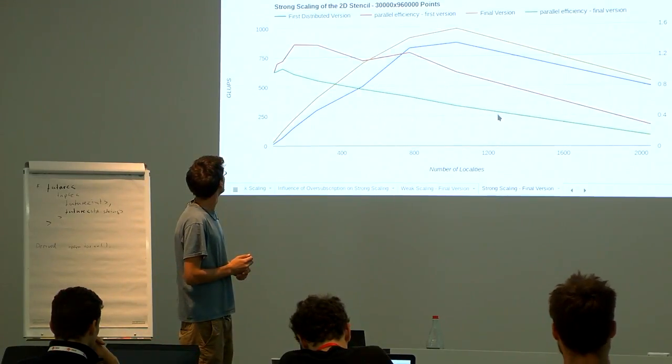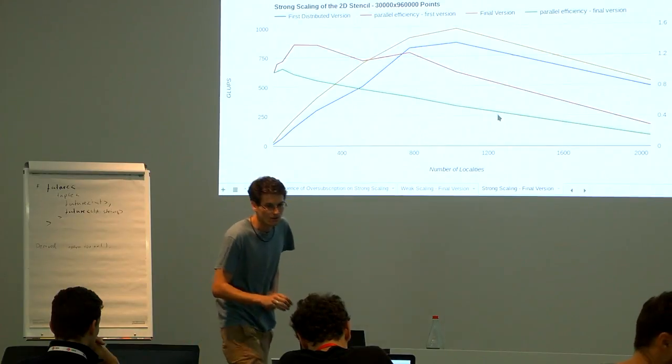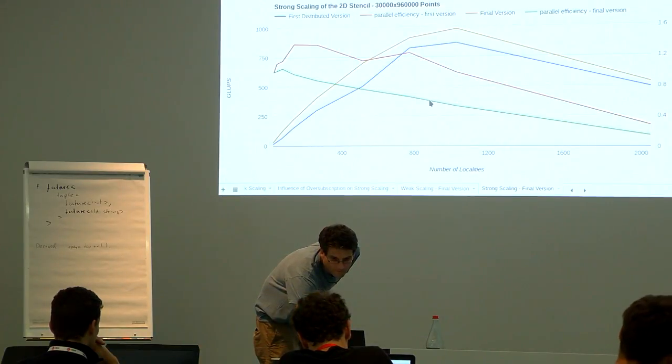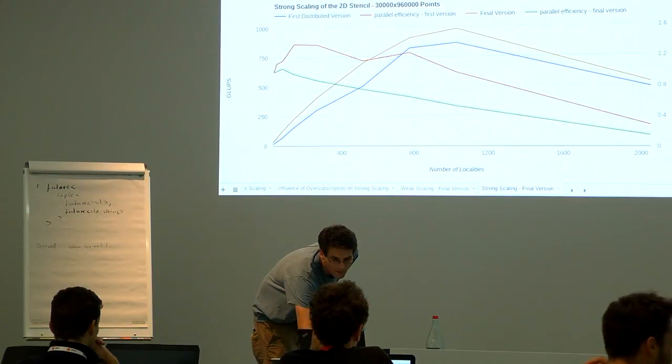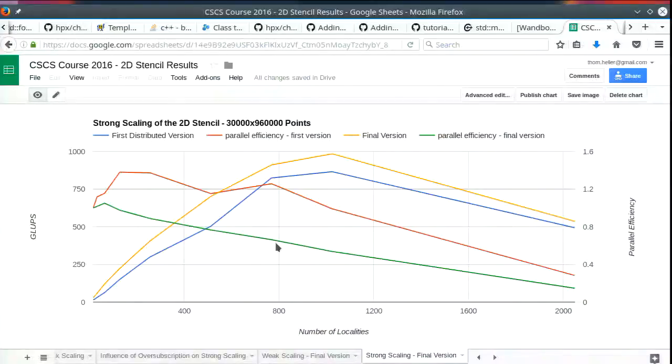And we are in the range of 66% for 768, which is still, I think, a nice result considering the small problem size.